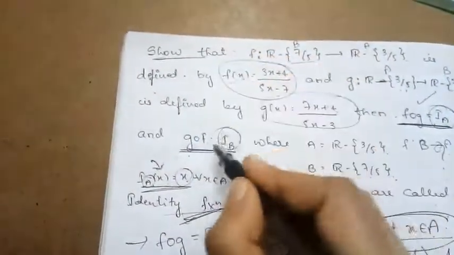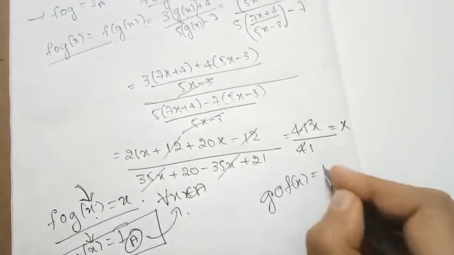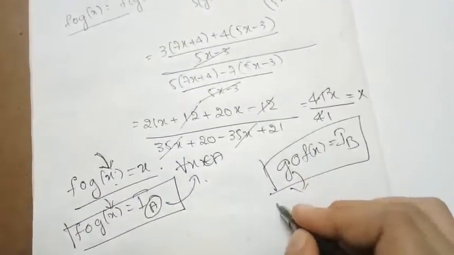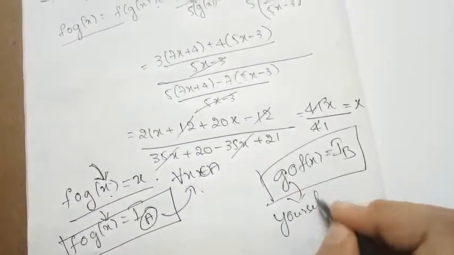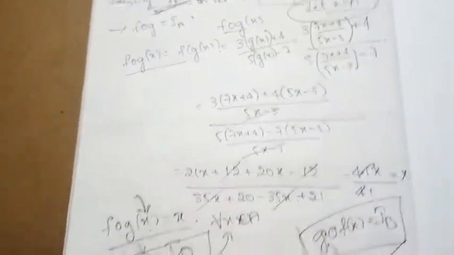Try to show yourself that g of f of x is equal to IB. So try to solve it by yourself. This is for your own workout. If you have any doubts while solving this one, you can ask me. So this is how we have defined the identity function.